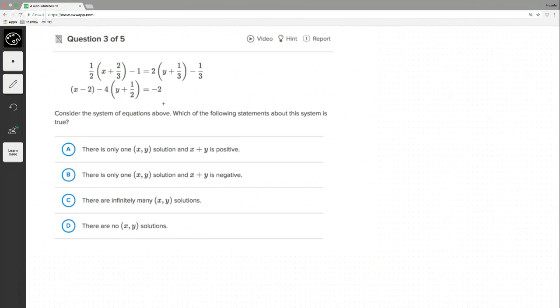One way to do this is to literally multiply everything out and get it into slope-intercept form, but that's a bit of a brutal process. I'm just trying to see if there's a shortcut. We could get this into point slope, and that'd be a little faster. So I'm going to do that.